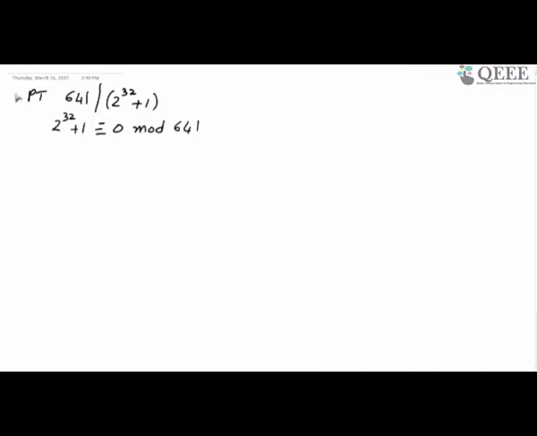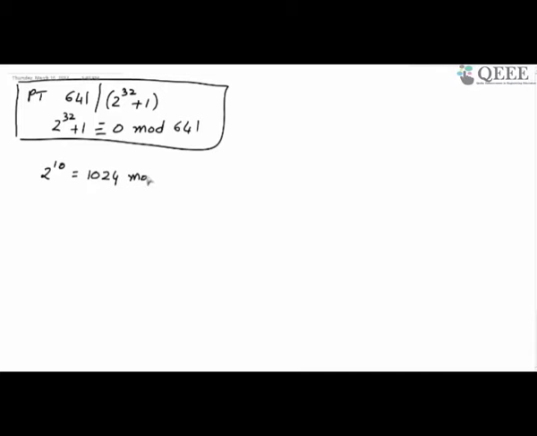So let us see how we will prove this. I have done the calculations here using a simple calculator, so I'll just reproduce the results. Let us take 2 power 10. Okay, so 2 power 10 is 1024. And if you do 1024 modulo 641, you could take 1024 divided by 641 and get the remainder. You'll see that this is congruent to 383.